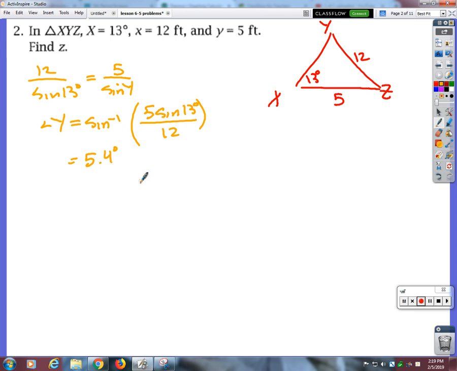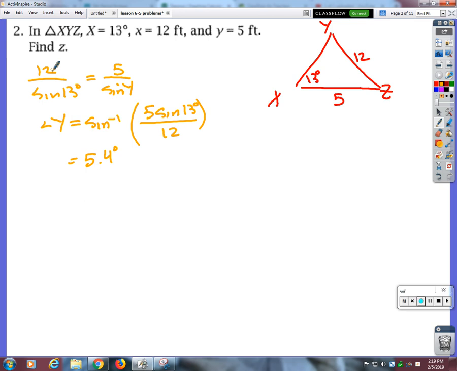For angle Y, I got 5.39. Okay, 5.4. I just typed this into the calculator. Oh, cross multiply. This times this divided by that. Cross multiply and divide. You know how to solve a proportion. Come on.